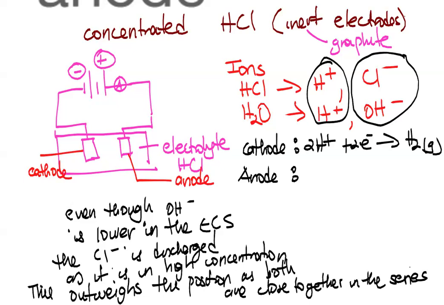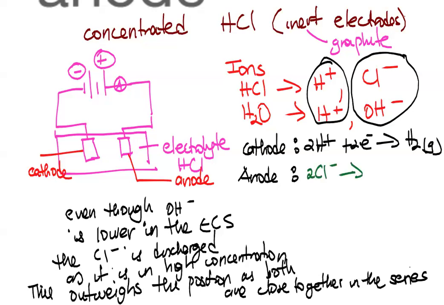It's high in concentration, so that is outweighing the fact that OH minus is lower, because they're close by in the series. They're close together. So a little extra concentration on the chloride outweighed that. Is this okay, everyone? Guys, are you okay with that?